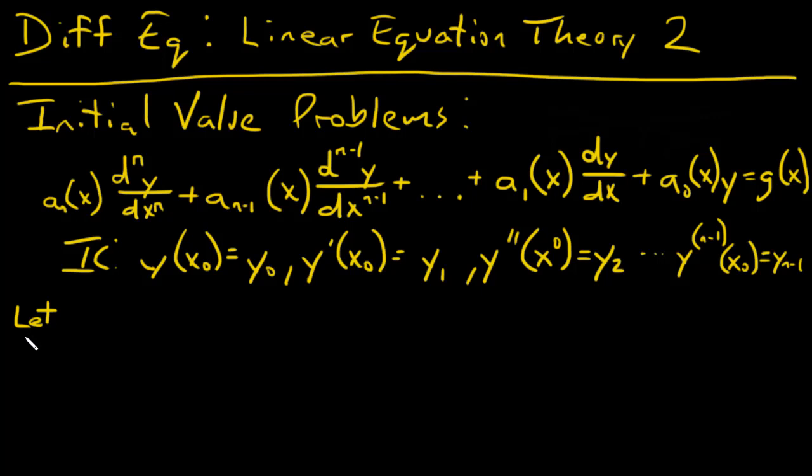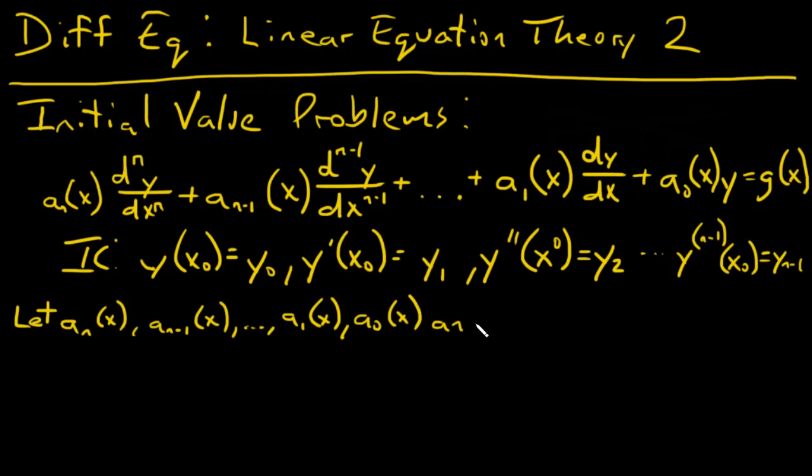Then, here comes the theorem. Let a sub n of x, a sub n minus 1 of x, dot, dot, dot, all the way down to a sub 1 of x and a naught of x and g of x.